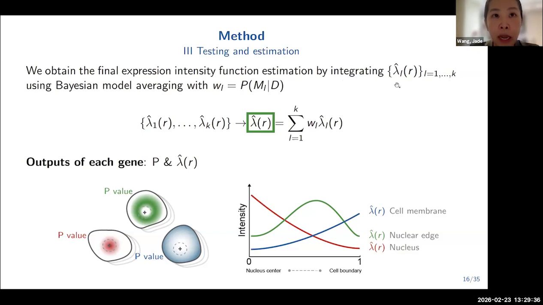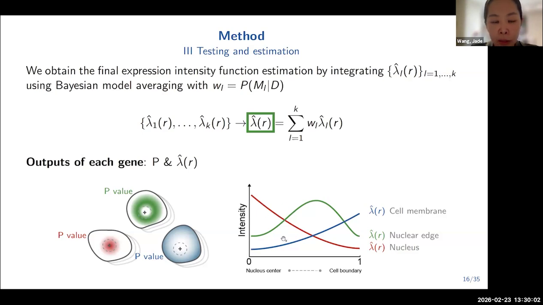So we do Bayesian averaging to average the estimated lambda from each kernel into one overall estimated pattern. A summary of the outputs of the proposed method: for each gene, we will have a p-value from the Cauchy combination, and one estimated pattern from the Bayesian model averaging.